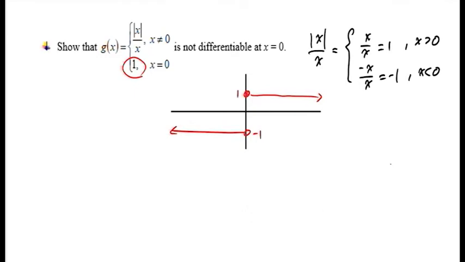So they want you to fill this circle and leave the other one open. You know what I'm saying? Let's rewrite this function then. Okay, so that g of x can be written this way. G of x could be written as 1 if x is greater than or equal to 0, and negative 1 if x is less than 0. How about that? Do you agree that they are the same thing?